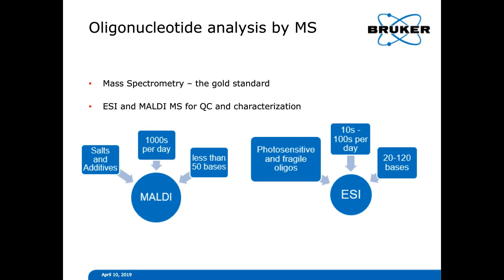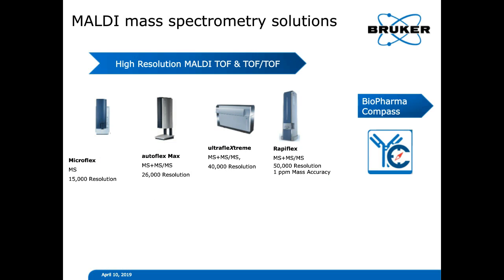Bruker offers a range of different MALDI MS instruments, including high-resolution MALDI TOF and TOF/TOF modules. On the left, you can see the microflex MS system with a resolution of 15,000. Next, we have the autoflex max, which operates both in MS as well as MS/MS mode with 26,000 resolution.